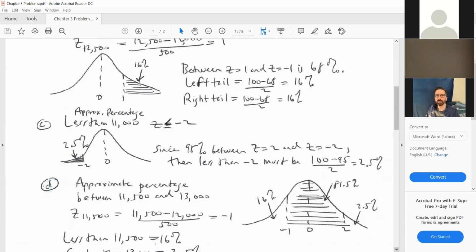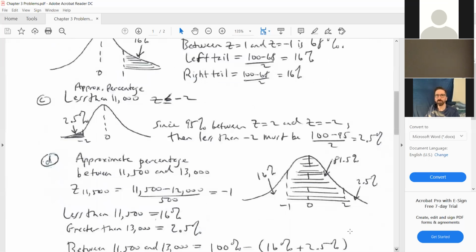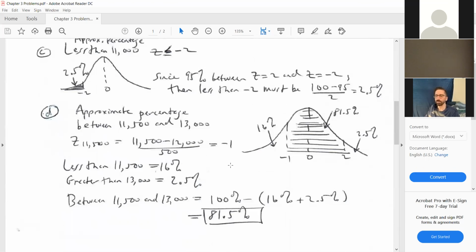And finally, the last one's probably the most difficult one of the 4 here. We wanted to know the percentage of lifetimes between 11,500 hours and 13,000 hours. Well, the z-score of 11,500 is -1 when we use the z-score formula.